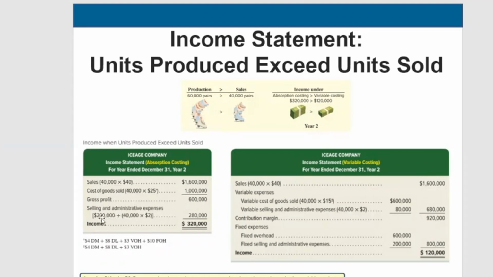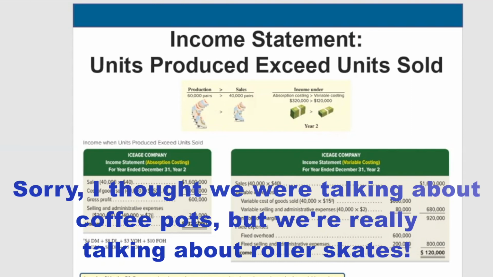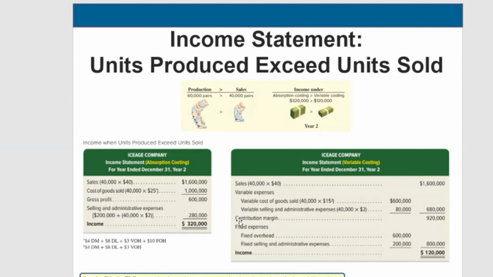All right. Then we take out our selling and administrative. That's no different. It's 280 no matter how you slice it. That's the fixed selling. And then the variable selling, remember, is $2. We got to pay each salesperson $2. And we sold 40,000 pairs of skates. So that's that, 320.